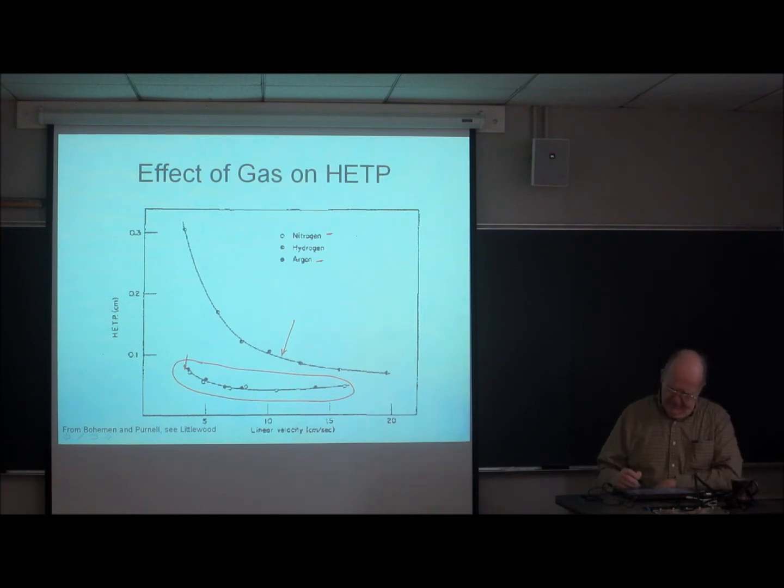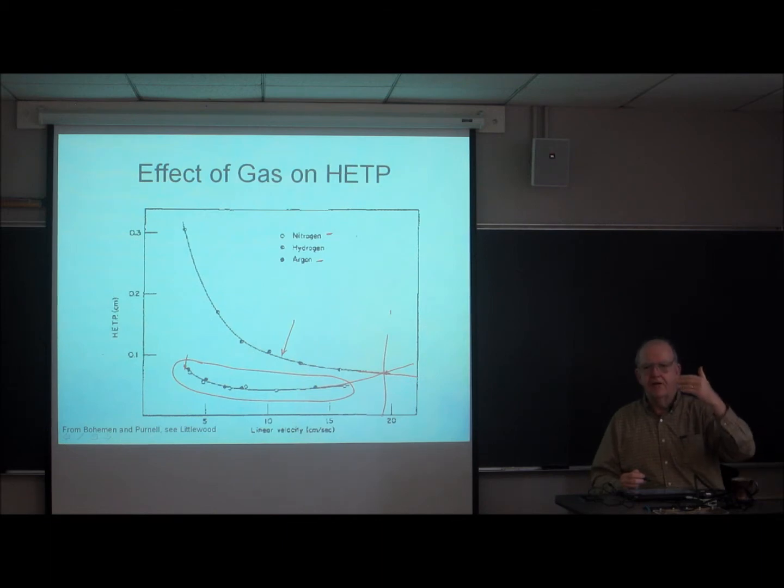But if we went out to a high enough velocity, this curve would cross over that curve. And this is where the C term of the Van Deemter equation begins to dominate, and in particular, the C term corresponding to external mass transfer dominates. And as you decrease diffusion coefficient, that transport from the mobile phase to the particle gets slower and slower.